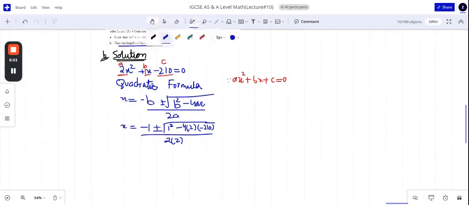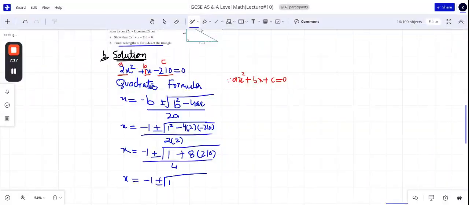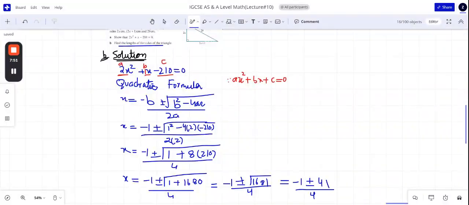Here minus minus makes plus: 4 times 2 is 8, and 8 times 210 is 1680. So x equals minus 1 plus minus root of 1 plus 1680, which is 1681, divided by 4. The root of 1681 is 41, divided by 4.